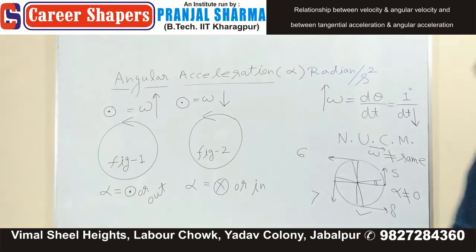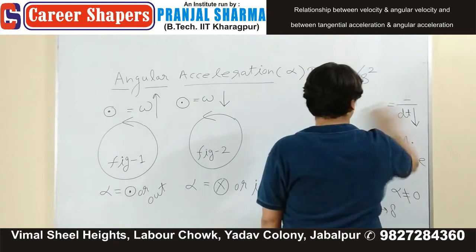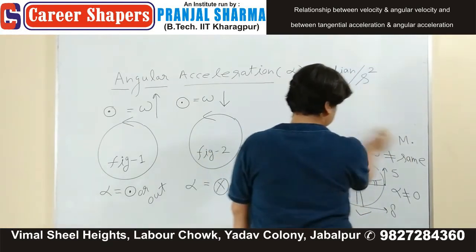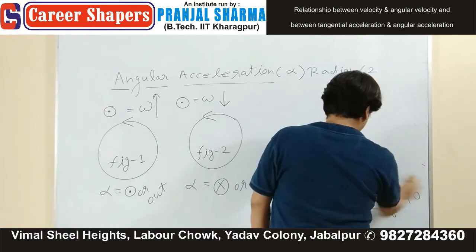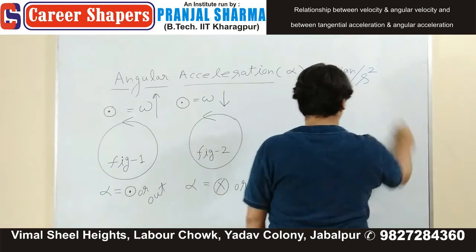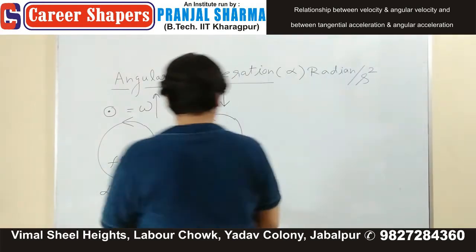So this was the feeling part, and this feeling part is not something quite strange. Let's take a simple example which will clear all these things with the help of linear velocities.